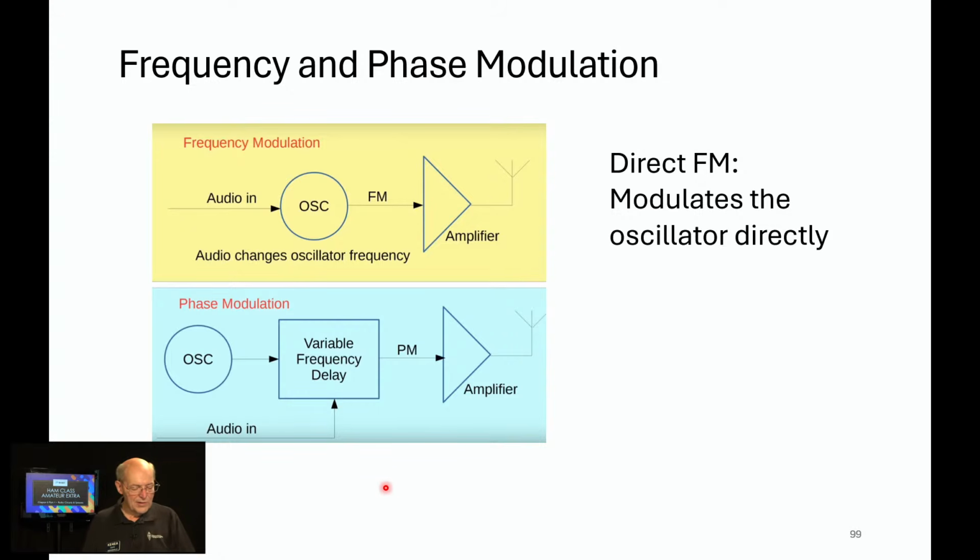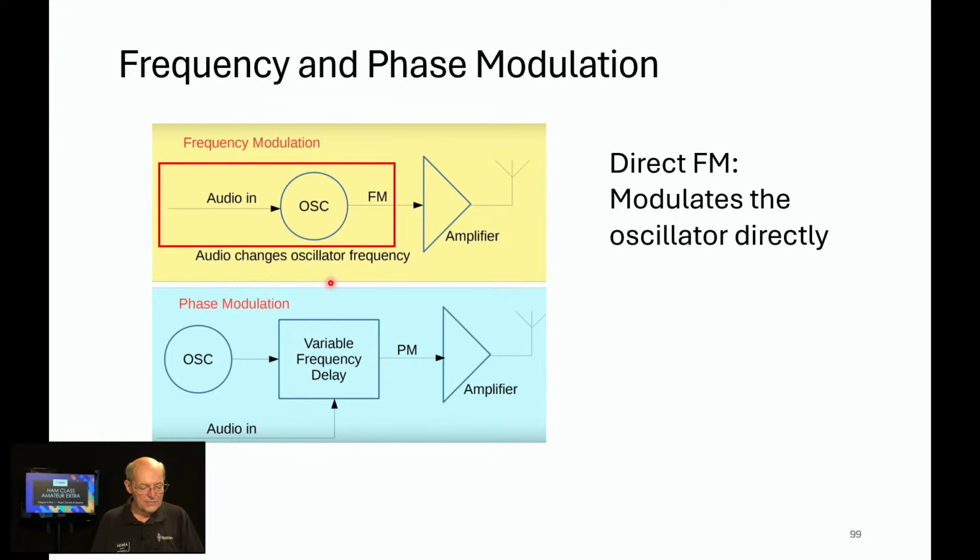The most common way of generating FM communication, if you want to call it that, is via this method, phase modulation today. So with direct FM, we're modulating the oscillator directly. With phase modulation, or indirect FM, we're modulating a stage behind the oscillator, or further down the signal chain.